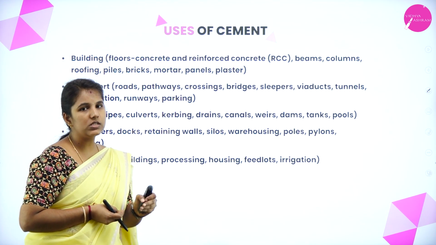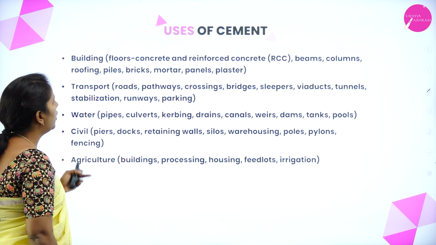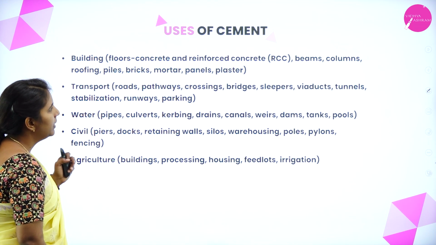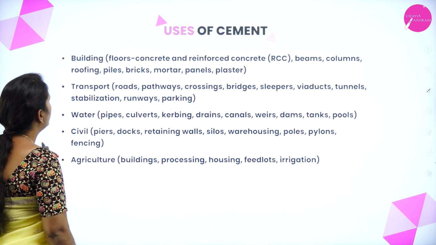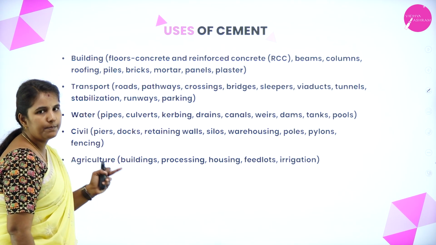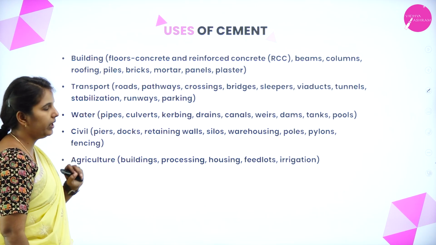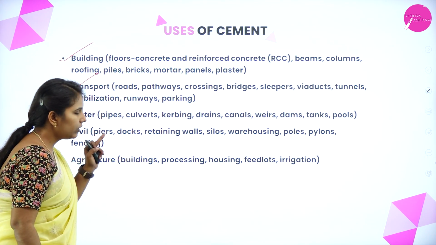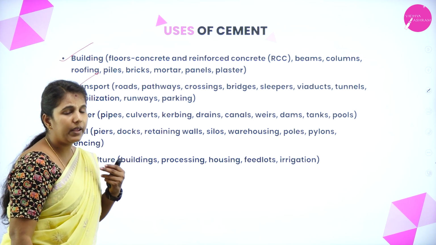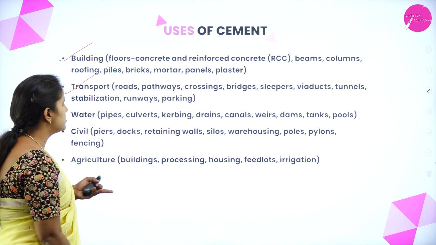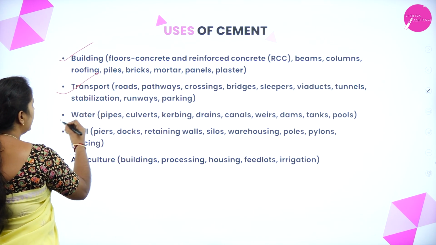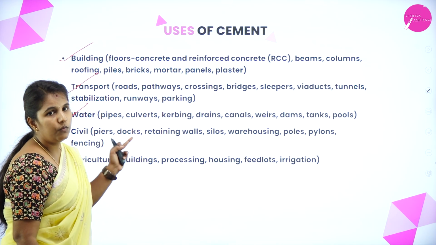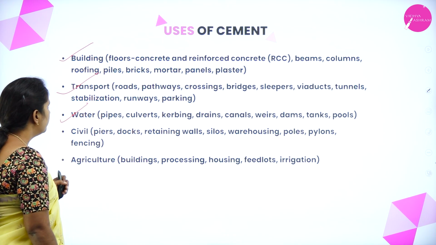Next are the uses of cement. We use cement for building floors, concrete and reinforced concrete, beams, columns, roofing, piles, bricks, mortar, panels, as well as plaster. For transport, we use cement for making roads and pathways. We also use cement for making water pipes, water culverts and drains.